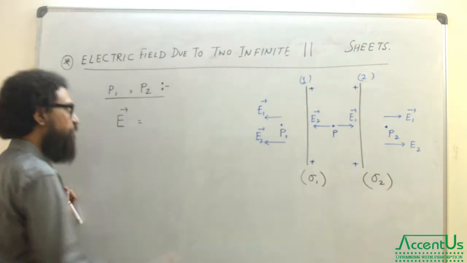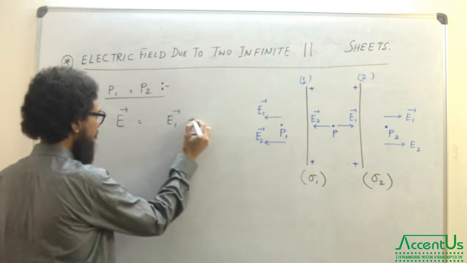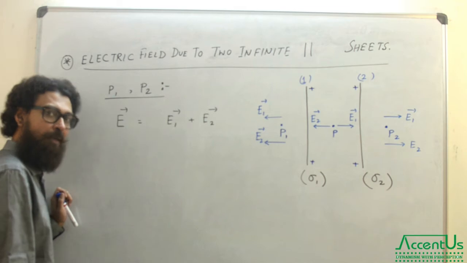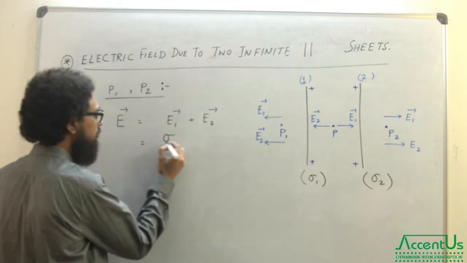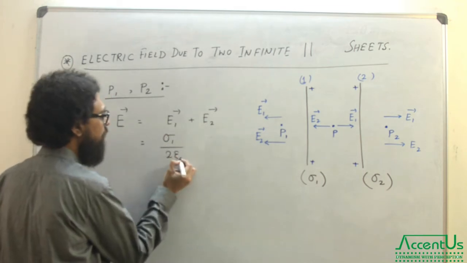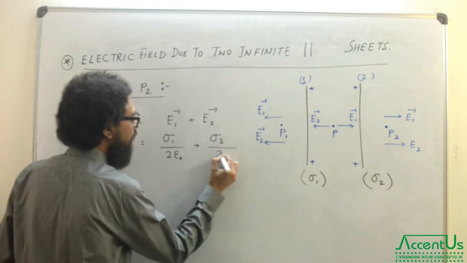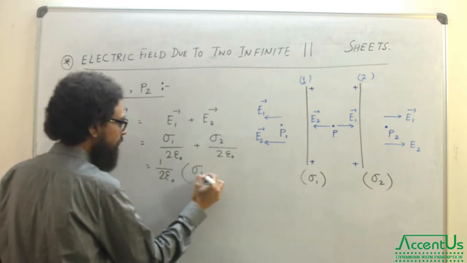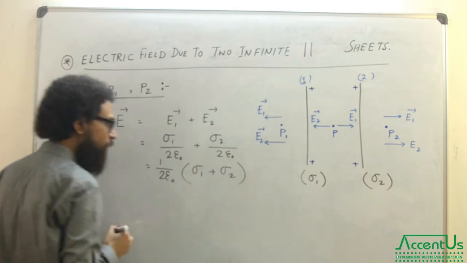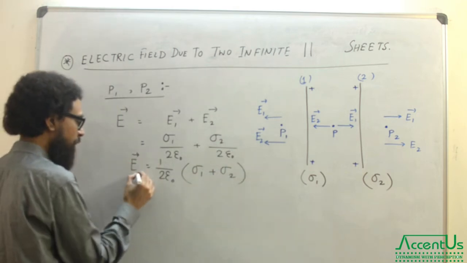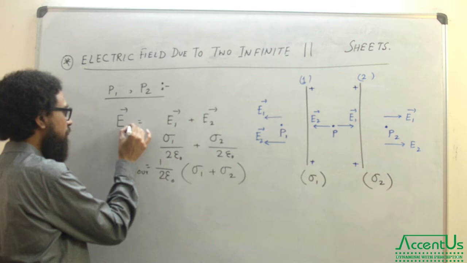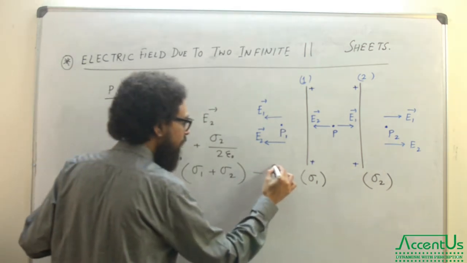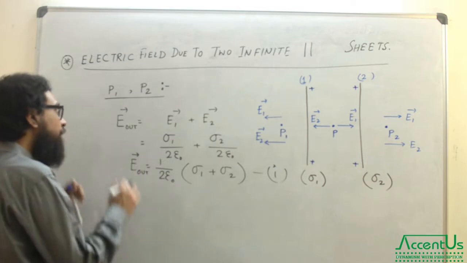Since their directions are parallel, it is E1 plus E2, and from what we just derived, it is 1 by 2 epsilon naught times (sigma 1 plus sigma 2). This is the expression for outside. Outside the field is this. Okay, great, mark. What will it be inside?